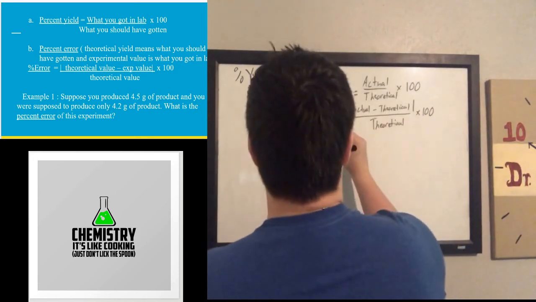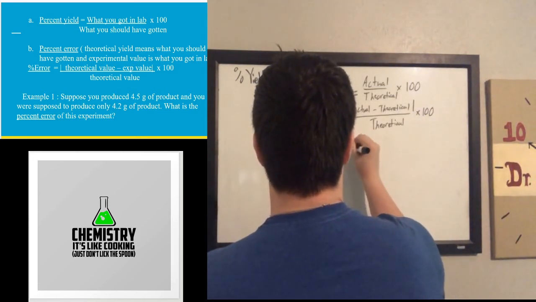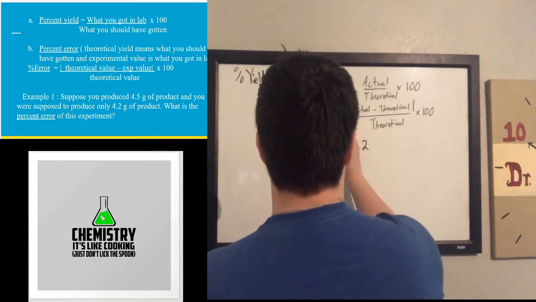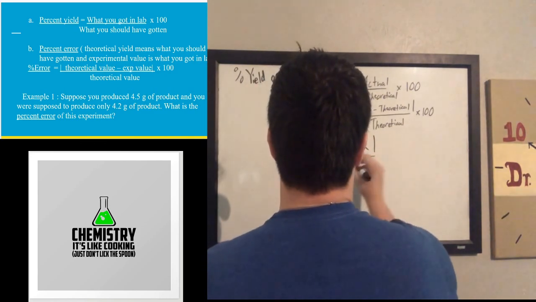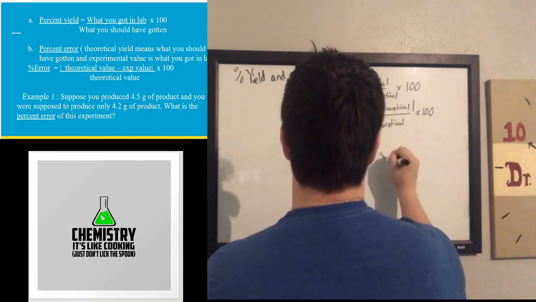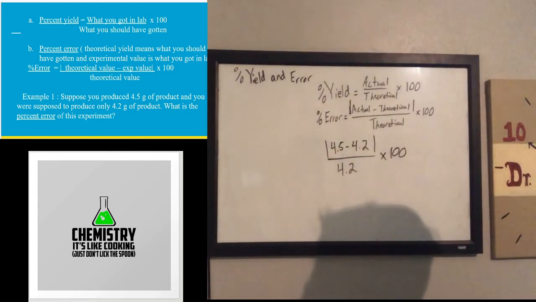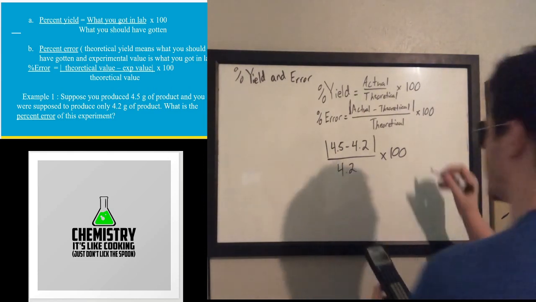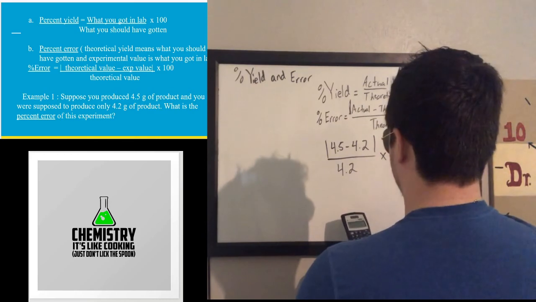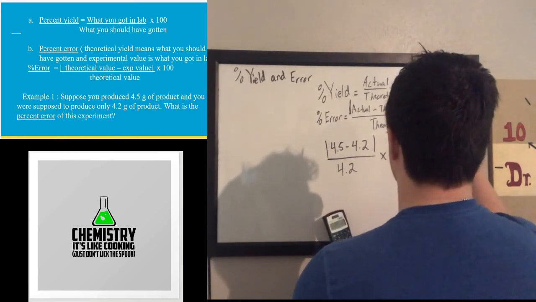So we are going to plug and chug 4.5 minus 4.2, put it in absolute value bars, and we're going to make sure that it is the 4.2 that we put on the bottom, because that is theoretically what we were supposed to get. So we plug into our calculator, we have 0.3 in our numerator after doing that subtraction, divide by 4.2, and multiply by 100. And so that is going to give us 7.14% error.